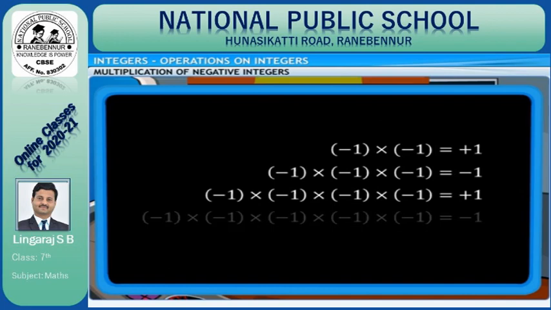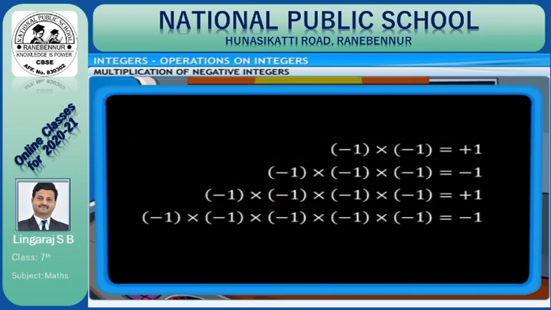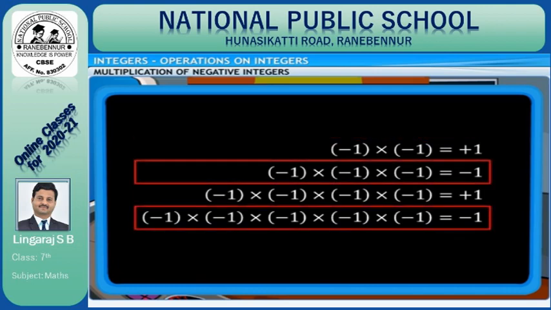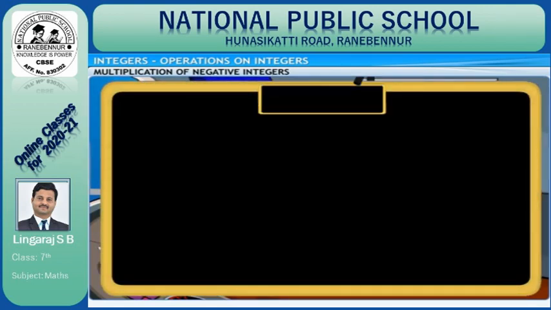Now, let's consider a special case where the numbers to be multiplied are all minus 1. Here, you can see that the product of an even number of minus 1s is plus 1, and that of an odd number of minus 1s is minus 1. Now, what result do you get if you multiply a negative integer, say minus 2, by 0?